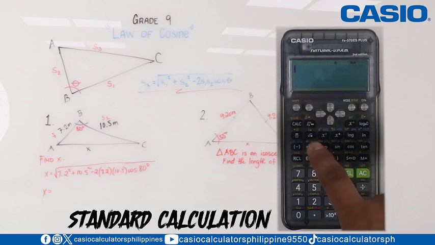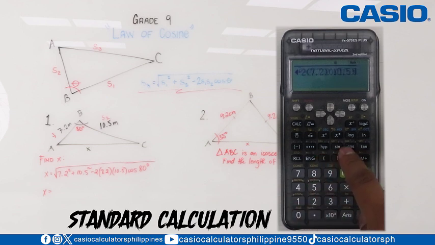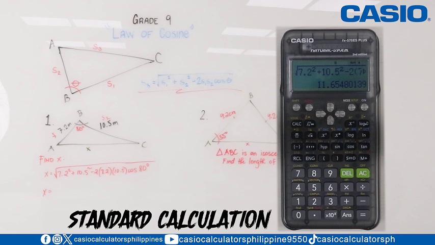Then we can solve sample number 1 by simply writing everything in our calculator just as it was written in our solution: 7.2 squared plus 10.5 squared minus 2 times 7.2 times 10.5 cosine of our included angle, which is 80 degrees. Then we have 11.65.